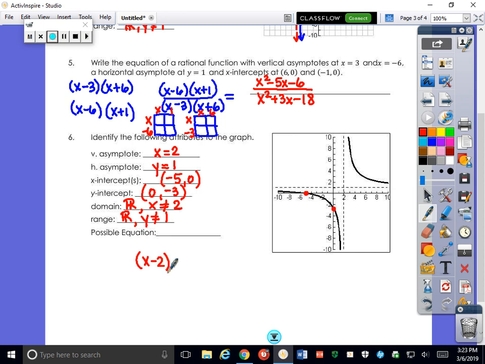If I have an x-intercept of -5, that means the top was x plus 5. Okay? So that would be my possible equation. Those are the two pieces we needed to know. And we're done.